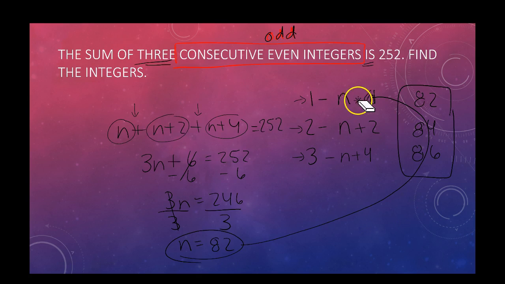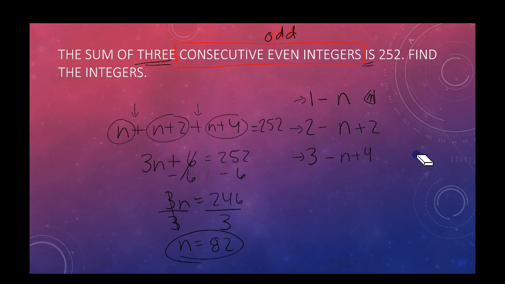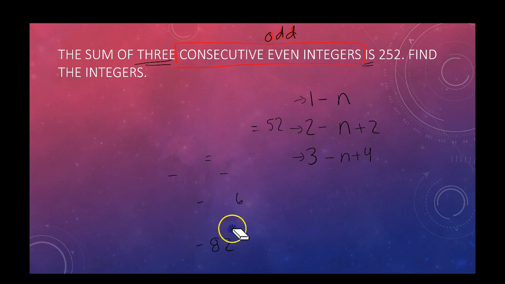Okay, all right, let me just do one more thing with you before we move on to the next problem, just in case it pops up. So we talked about how to represent consecutive even or odd, and you represent them the same way. Well, let's say it doesn't say even or odd, and it just says consecutive integers. Well, consecutive integers are evens and odds, so that's 1, 2, 3, 4, 5.